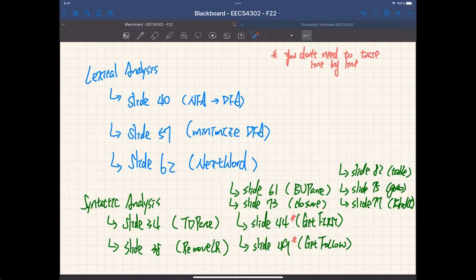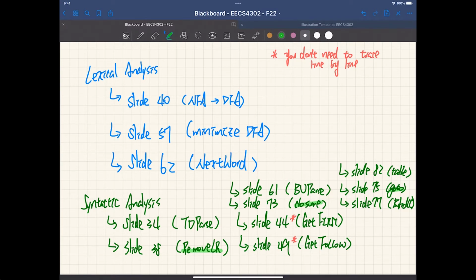Okay, but anyway. Let me see if there's anything else. Yep. I think closure, go-to, and also remove left recursion. These are the things you also want to make sure you understand well enough. So if you really try to trace the algorithm, you'll be slow in the exam.